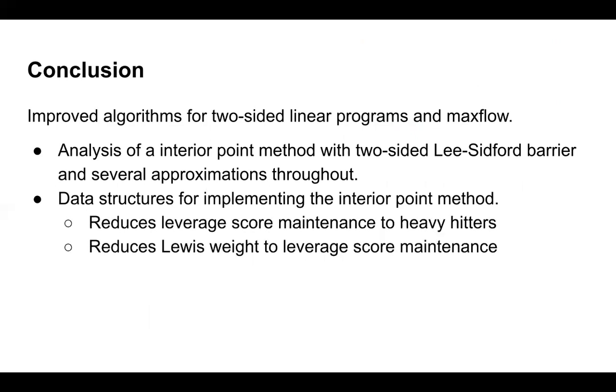A highlight of these data structures is a data structure for maintaining Lewis weights for a matrix with slowly changing diagonal entries. We achieve this by reducing Lewis weights to maintaining leverage scores, and by reducing leverage scores to maintaining a heavy hitter on a matrix AX where X is changing.